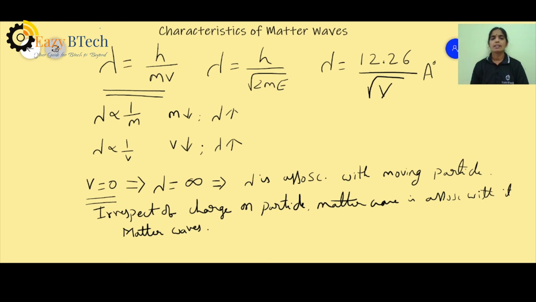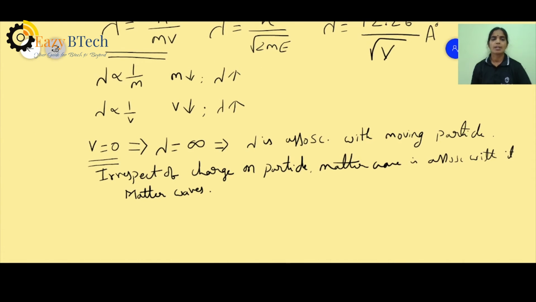The position of a particle is confined to a particular location, and when the matter wave is associated, you are unable to locate that particle. Wavelength is associated only with a moving particle. This concludes with Heisenberg's uncertainty principle. So from lambda equal to h by mv, we can also arrive at Heisenberg's uncertainty principle.